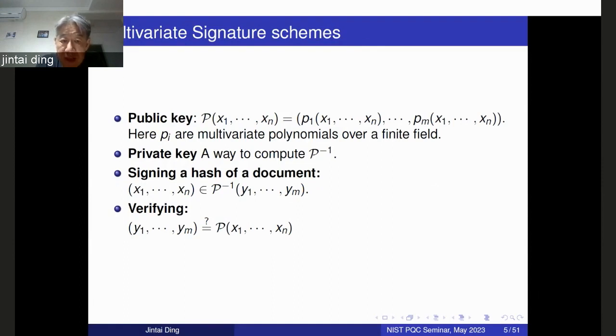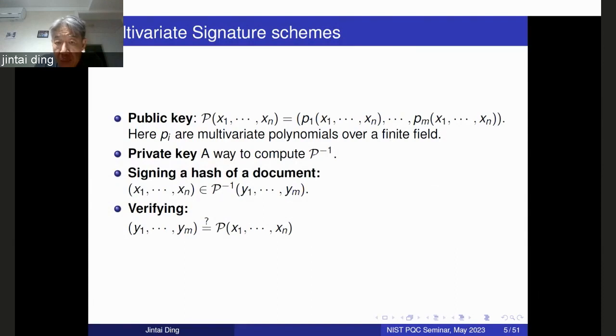The private key is different from traditional RSA-type systems. It depends on the construction. In short, the private key is a way to compute P-inverse. To sign a hash of a document, given by y1 to ym, you basically compute P-inverse and give a pre-image.